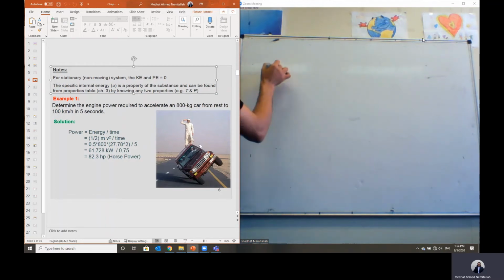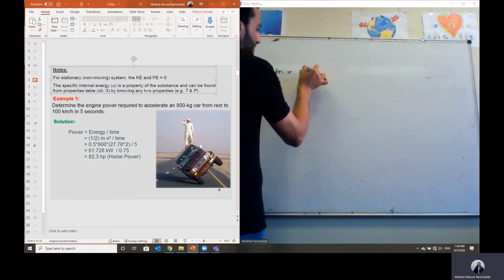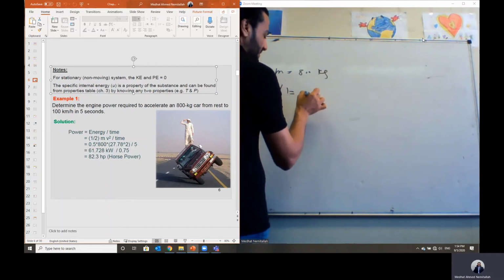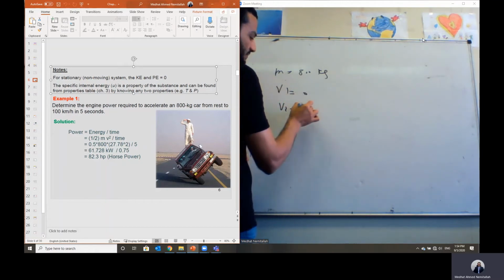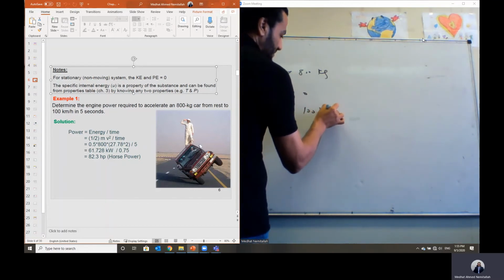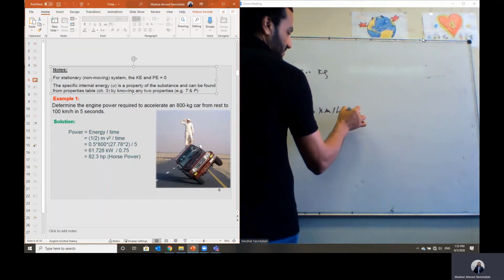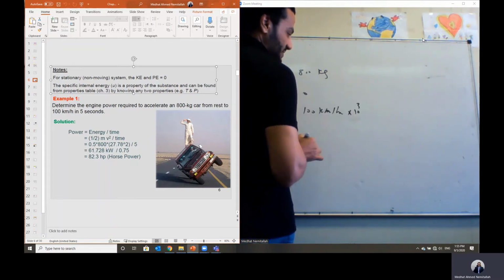Okay, in this case, the mass is given as 800 kilograms, and it says from rest, so the velocity V1 is equal to 0, and velocity V2 is equal to 100 kilometers per hour. For kilometers, we have to multiply by 10 to the power 3.